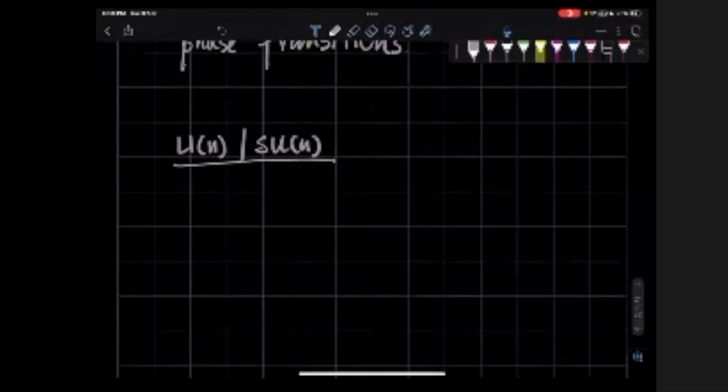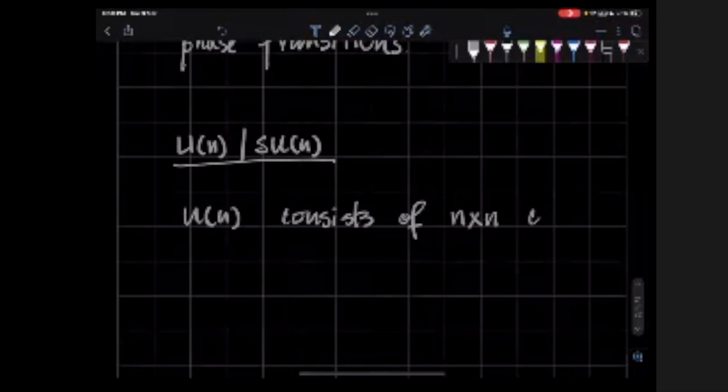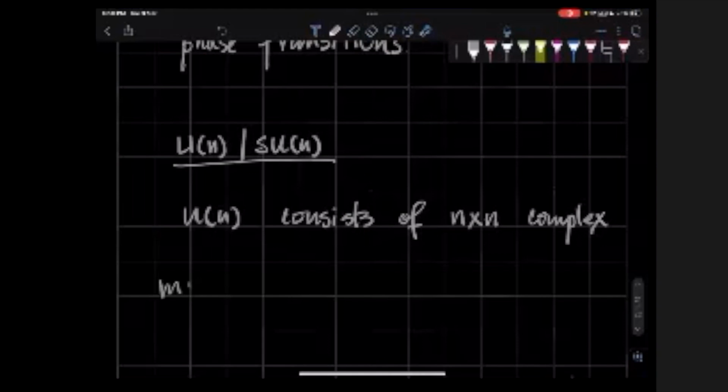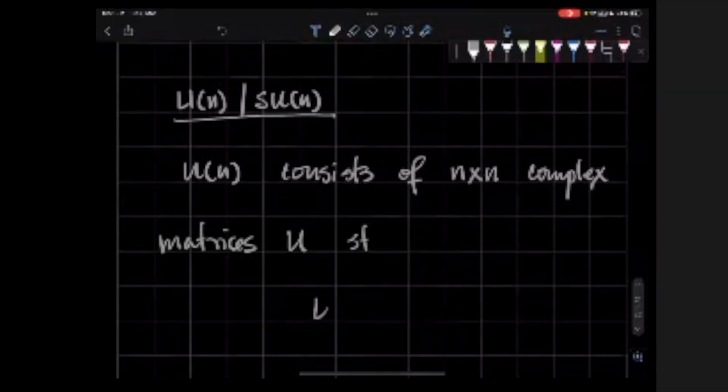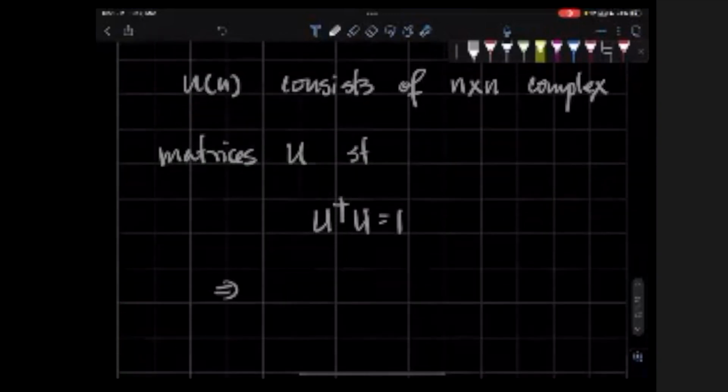So UN consists of n by n complex matrices U such that U dagger U is 1, or in other words, U dagger is equal to U inverse, okay?